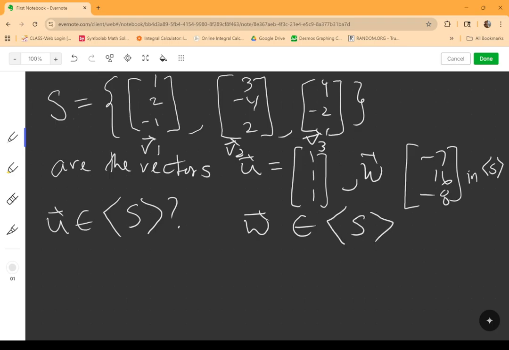Again, be comfortable with the notation. These little brackets here mean the span.